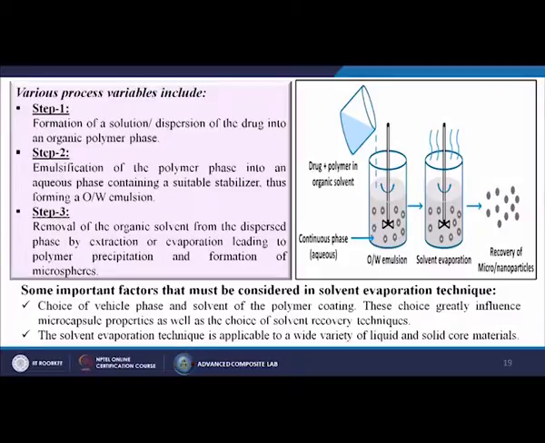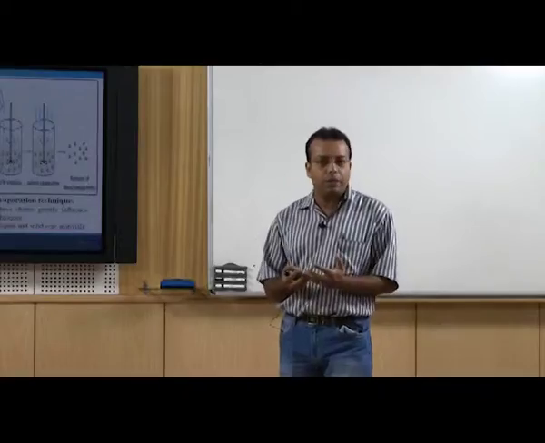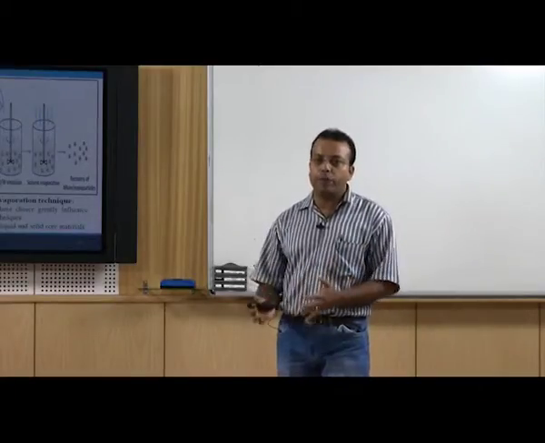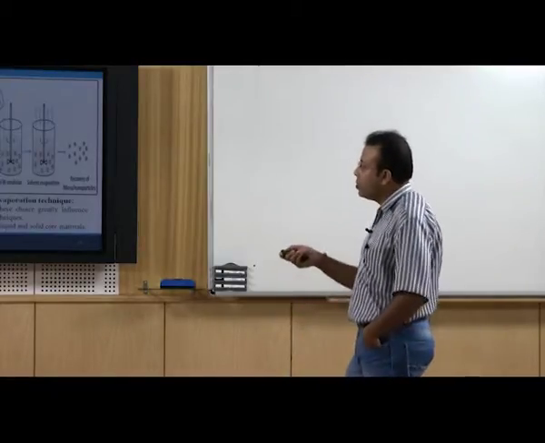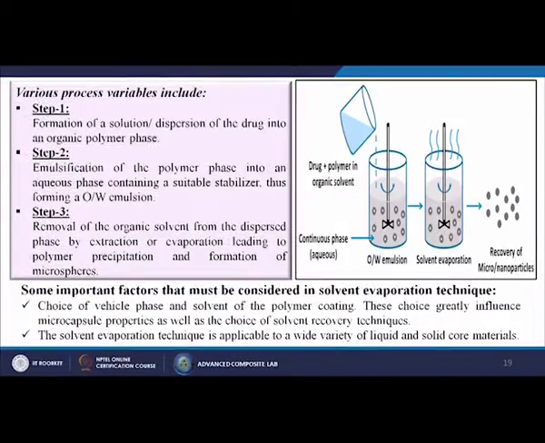Next step, emulsification of the polymer phase into an aqueous phase containing a suitable stabilizer, thus forming an oil-water emulsion. Here oil and water, two immiscible liquids, we are taking for this purpose, as I have already discussed. Next, removal of the organic solvent from the dispersed phase by extraction or evaporation, leading to polymer precipitation and formation of microspheres.